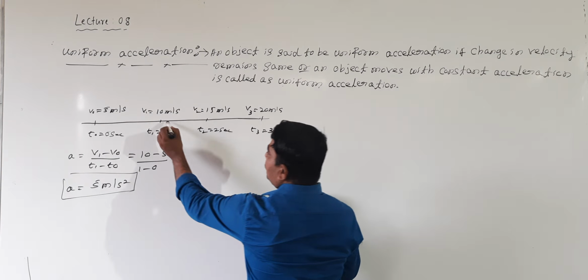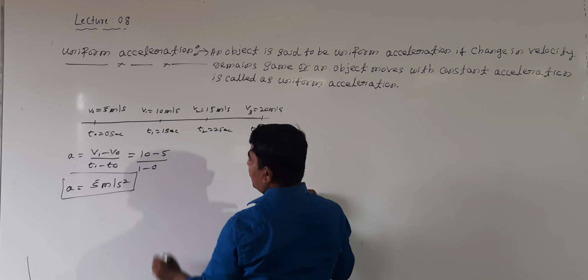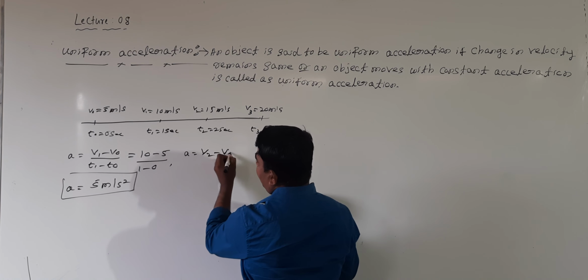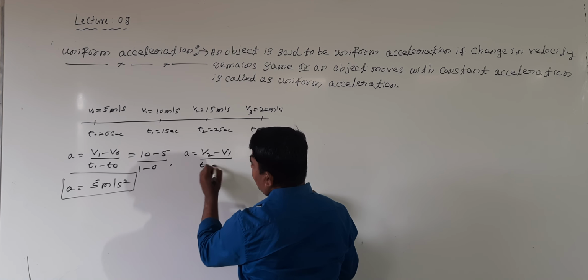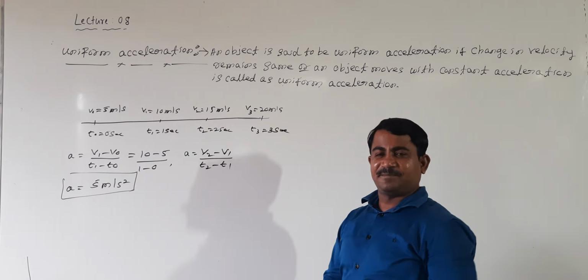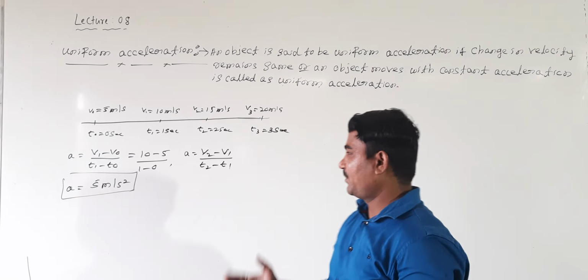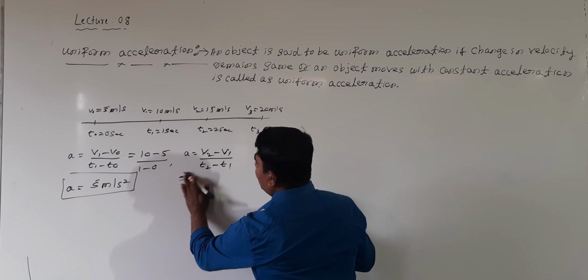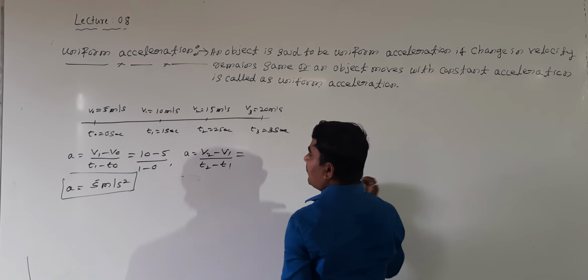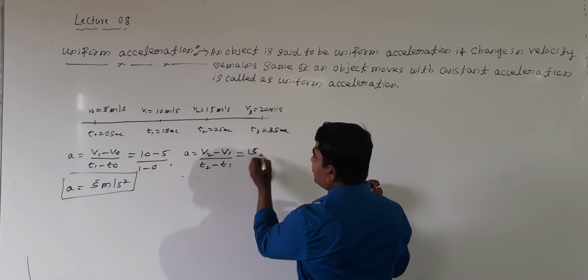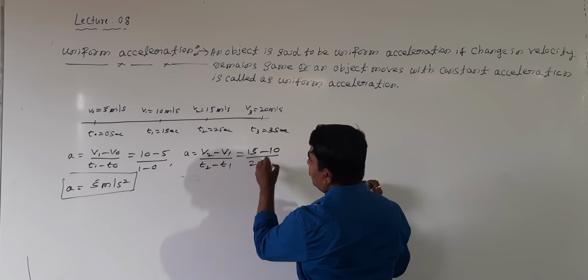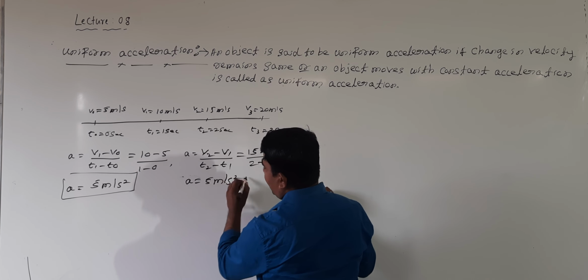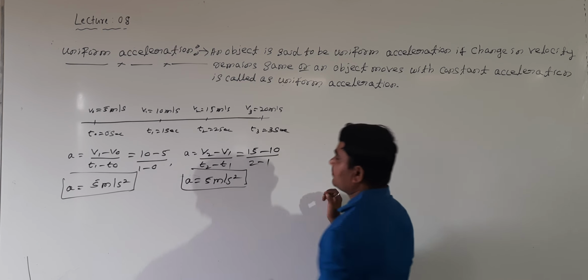In the next interval, acceleration a equal to v2 minus v1 divided by t2 minus t1. v2 is 15, v1 is 10, divided by 2 minus 1. Then a equal to 5 meter per second square here also.